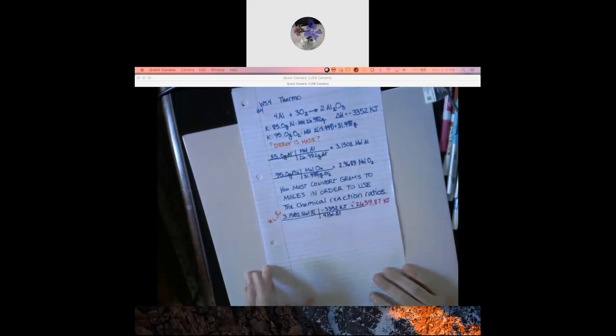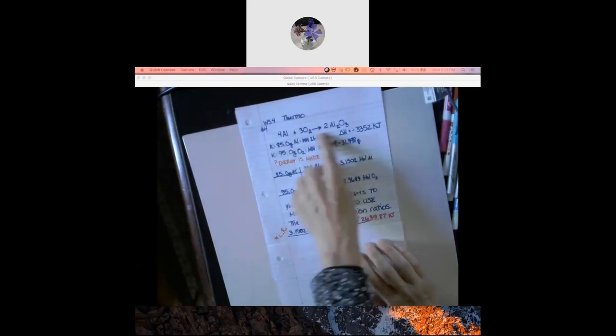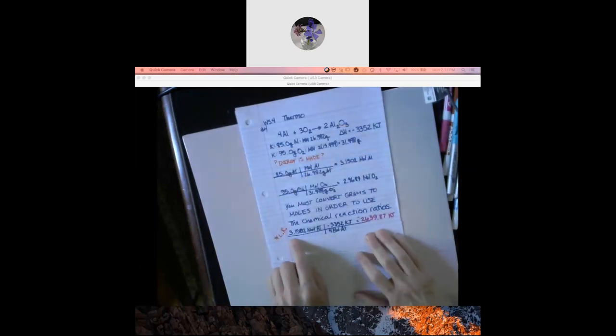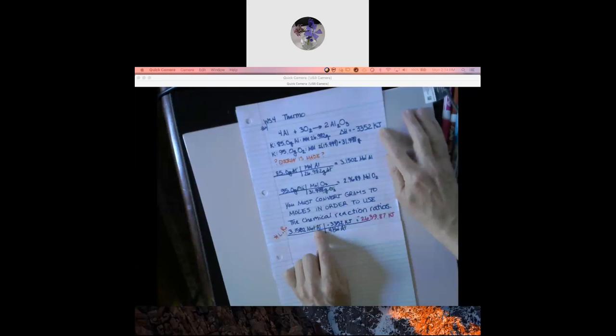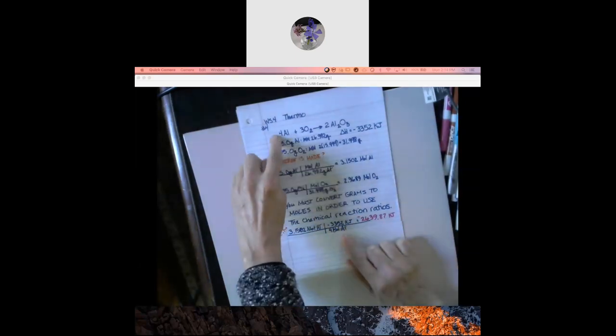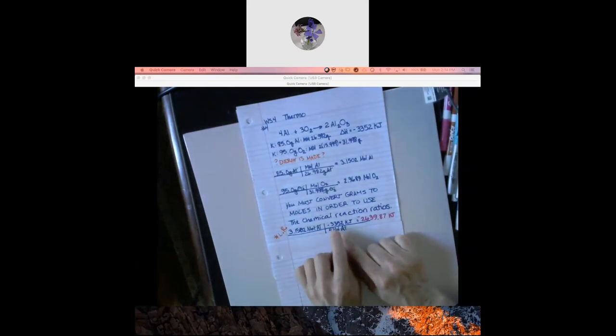So based on this chemical reaction right here, I said, okay, I started with 3.1502 moles of aluminum that I got from over here. And then I said the heat of this chemical reaction is 3,352 kilojoules. That means that if I had 4 moles of aluminum, like the reaction told me I would need, then that's how many kilojoules would be given off.